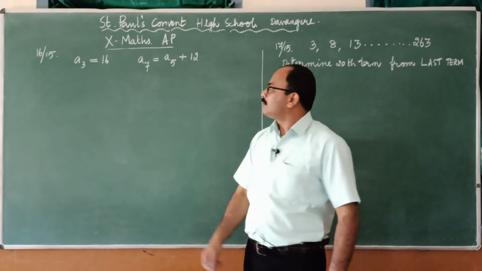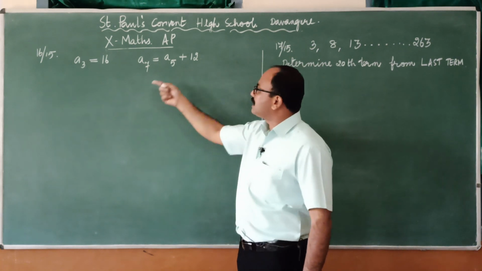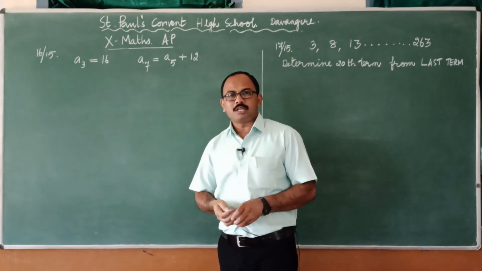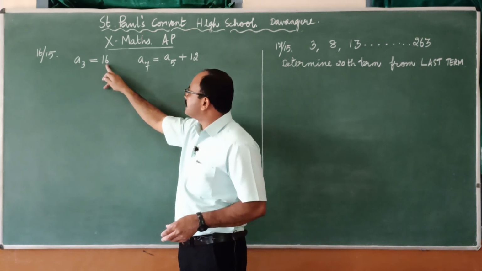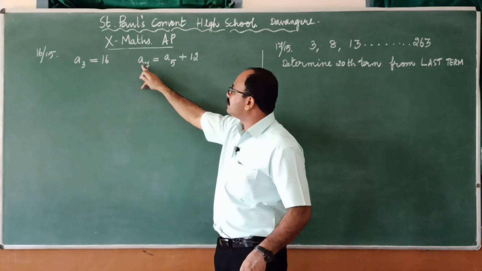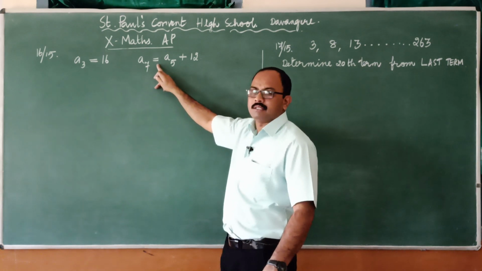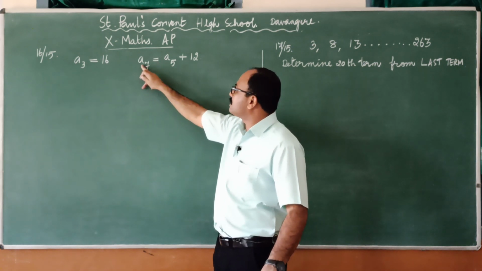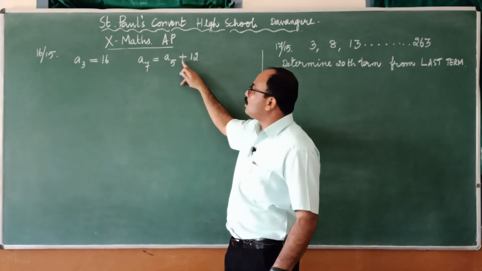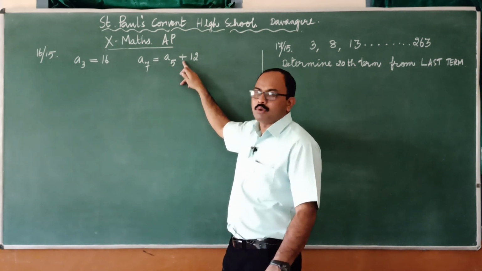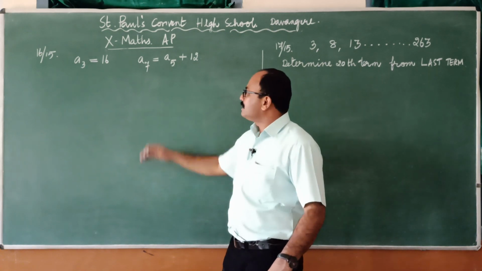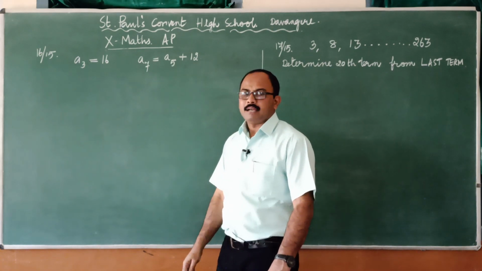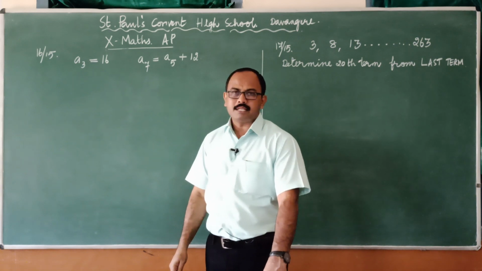Looking at even these equations, we will be in a position to say the question, children. In an AP, the third term is 16 and the seventh term is 12 more than its fifth term. Children, let's simplify and find the values of a and d.